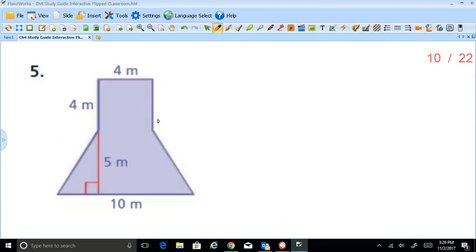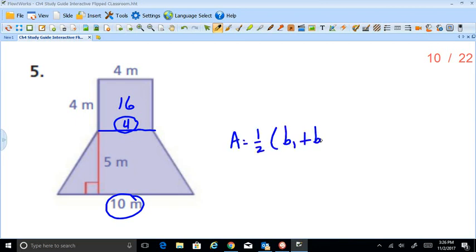Another composite figure. I'm going to cut it, make it into more familiar shapes. 4x4 square on top, 16 square meters. The bottom, base 1 is a trapezoid. Base 1 is 4. Base 2 is 10. 4 plus 10, 14. Area equals half the quantity base 1 plus base 2 times the height. And that equaled, we said 14 when we added them together. Times the height. The height here is equal to 5.